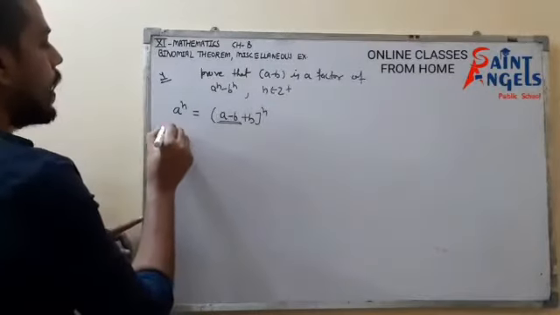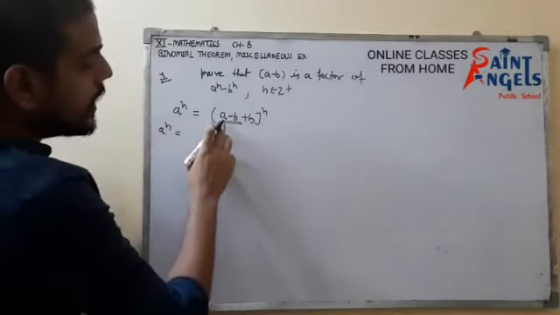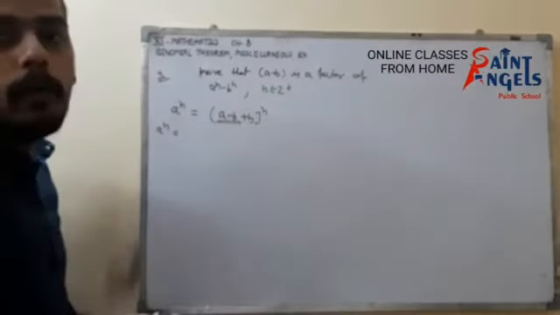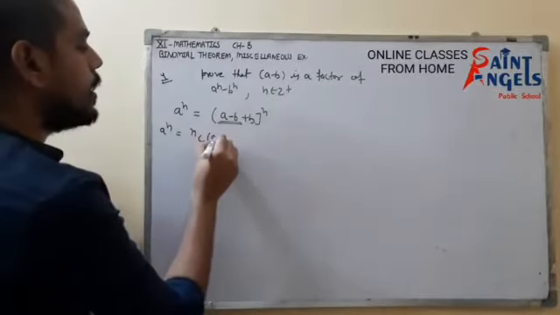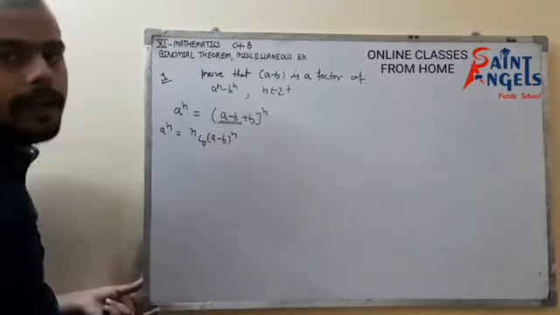So a to the power n is equal to a minus b plus b to the power n. Now I am opening the formula. So nC0 a minus b to the power n. Okay.